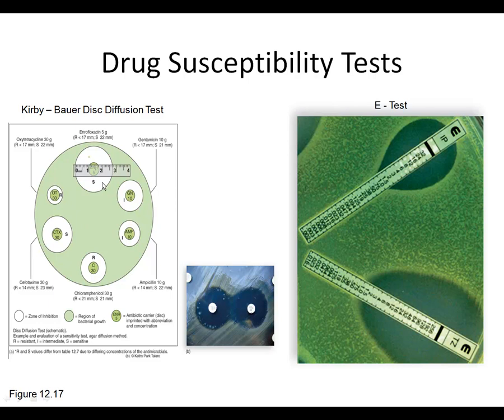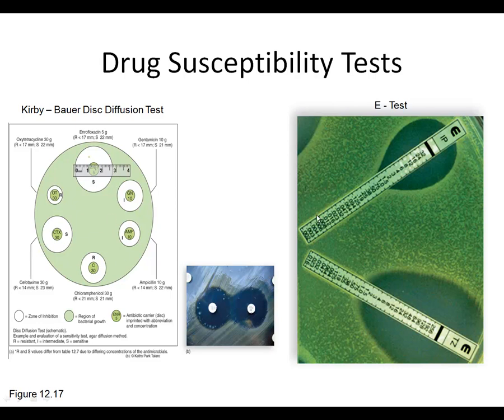This zone is larger than this zone, and you'll see that the indicators are roughly the same size. So this one actually probably would be a better drug to use over the cefotaxime drug that is also sensitive. I know that was kind of long-winded, but it does give you an idea of how you read those.